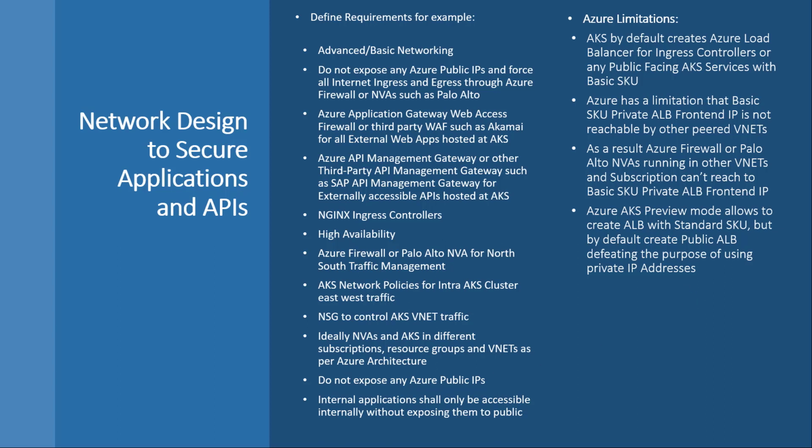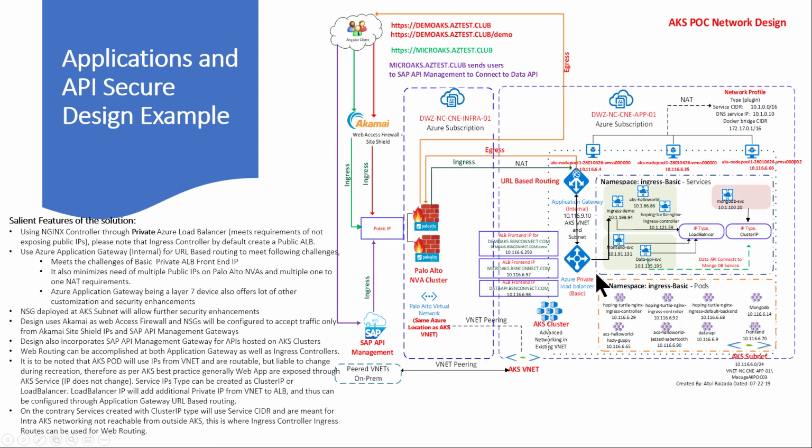So how we accomplish that, in an example here, in the next slide, this is a very busy slide, but what we try to do here is, on an AKS cluster, we are hosting three different applications. Let's just go step by step. One application is demo.aks.agtest.club. The second application running on the AKS cluster is agtest.club/demo.